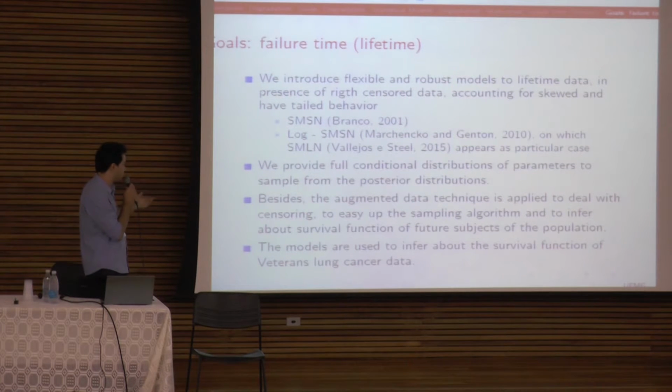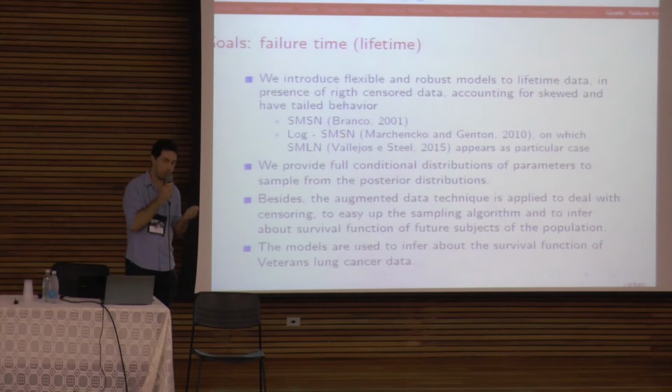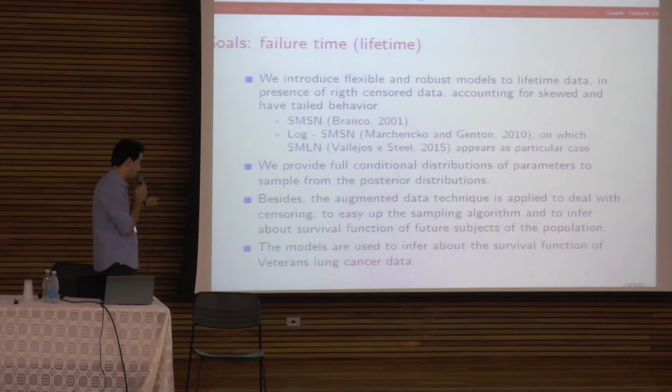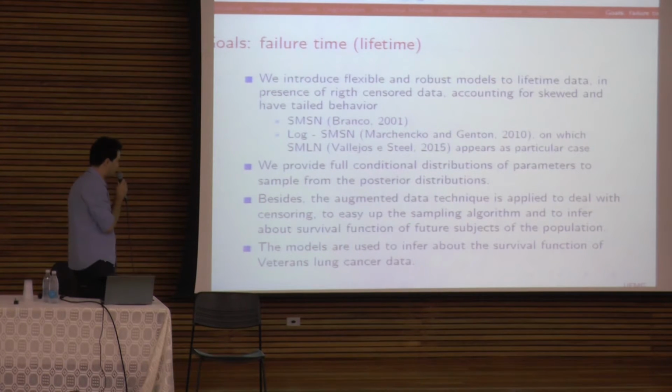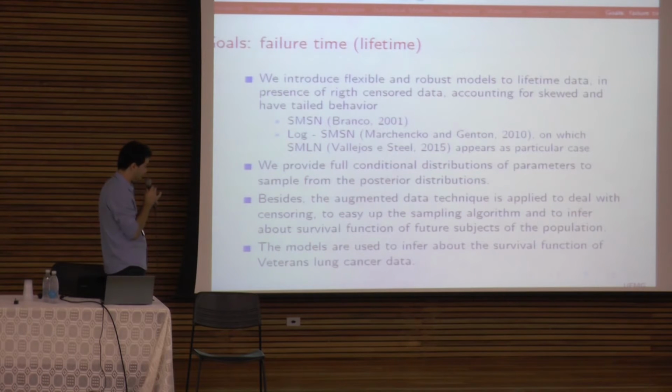We provide the full conditionals that are very similar to the full conditionals of degradation models. We use an augmented data technique to deal with censoring, to ease up the sampling algorithm, and to infer about the survival function of future objects of the population.